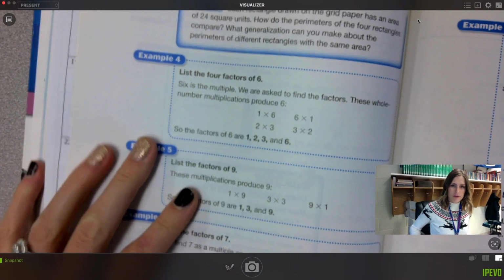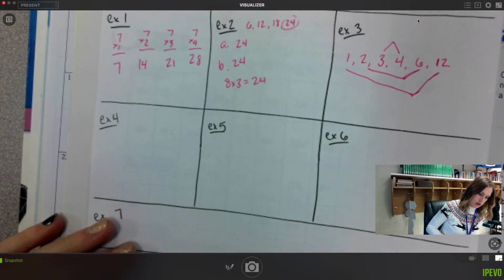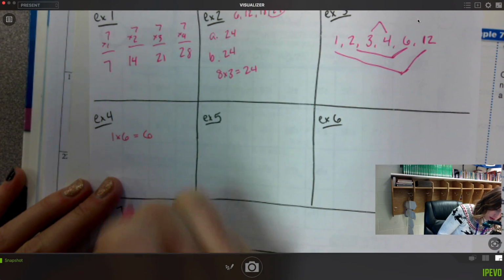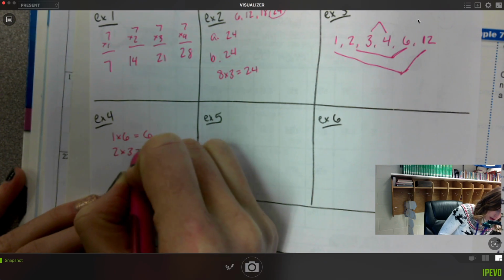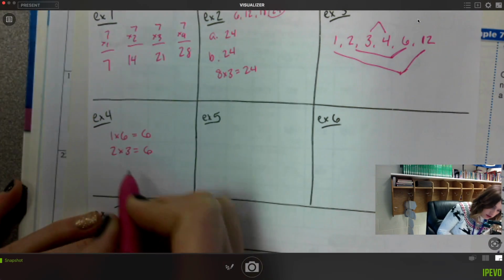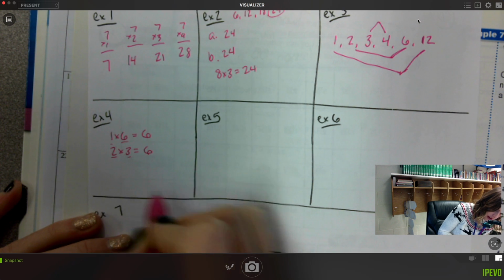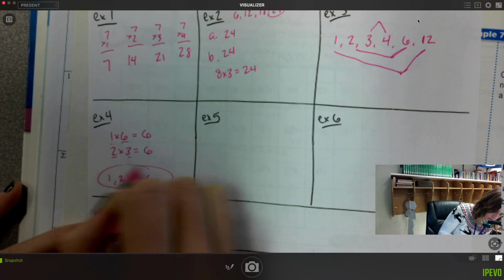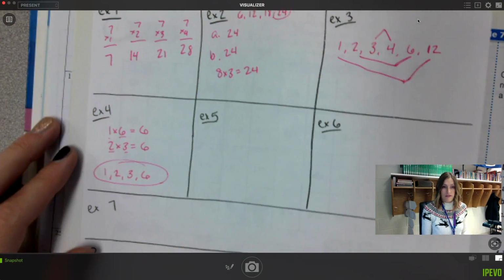Example 4, list the factors of 6. Well, we know that 1 times 6 equals 6, and we know that 2 times 3 equals 6. So the factors are 1, 2, 3, and 6. So write 1, 2, 3, 6. Right, those are the factors of 6.